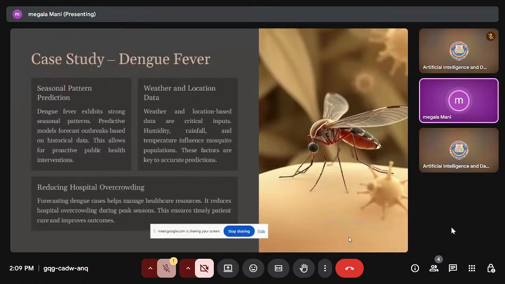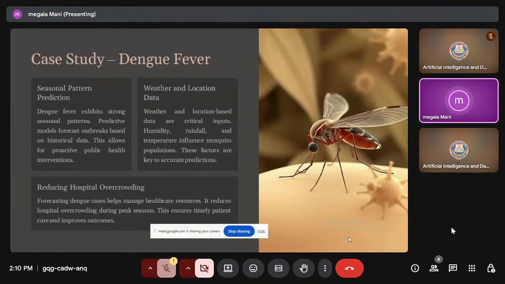Then dengue fever. Dengue fever is a seasonal fever. So the prediction method is based on seasonal patterns, weather and location data, and reducing hospital overcrowding. Seasonal patterns apply not only to dengue, but to several diseases.